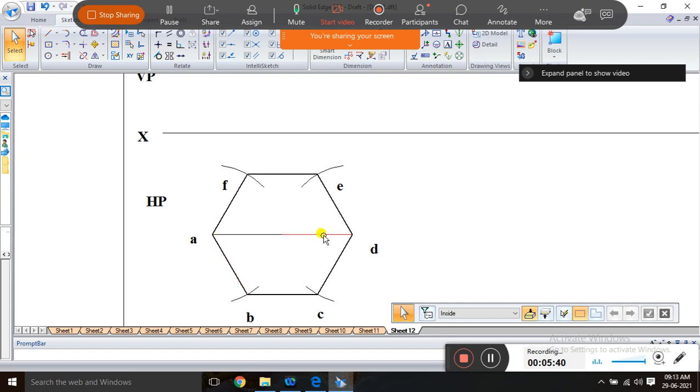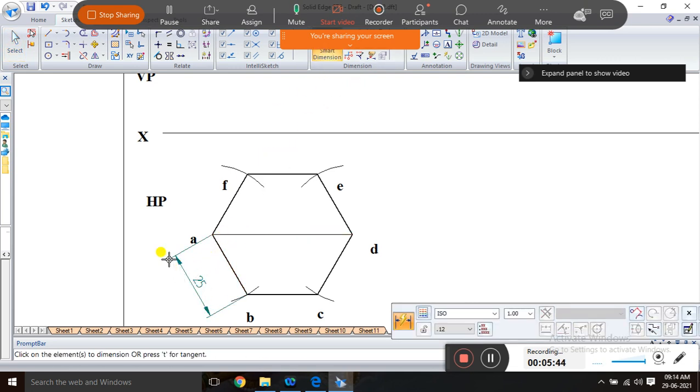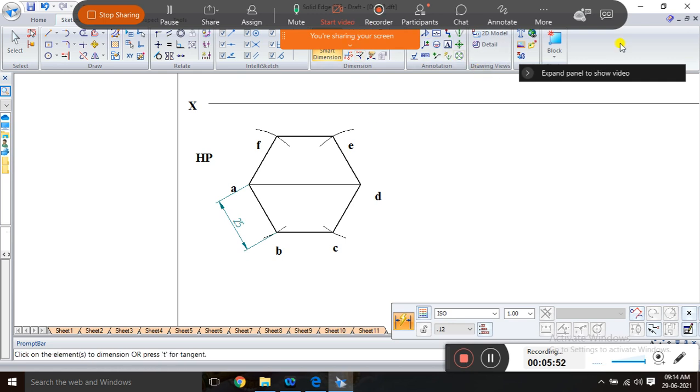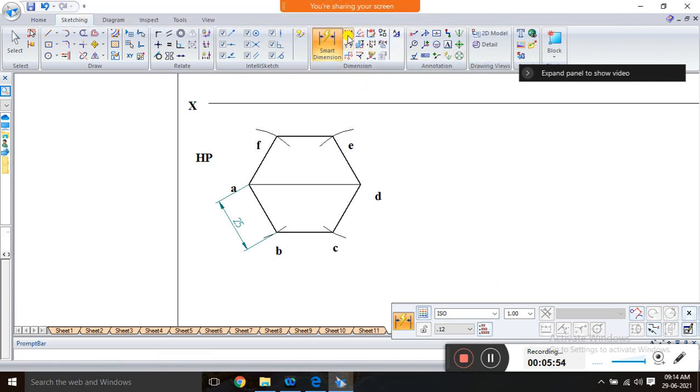You can mark this as 25 mm, and if you measure the distance between point A and point D, it is 50.